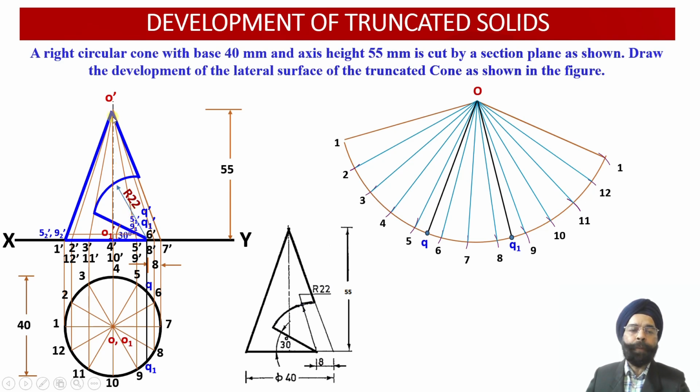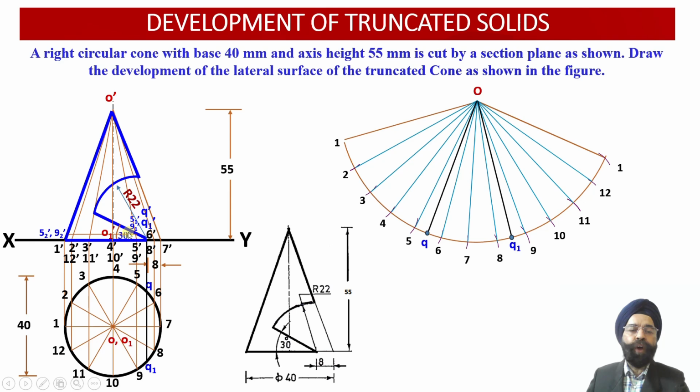So now if we obtain these two radii from O' to 5 1' and O' to 9 1', this distance will represent apparent length of the radii corresponding to the points 5 1' and 9 1'. But onto the development, we need to obtain the true length of all the distances over here. So now from the points 5 1' and 9 1', we have drawn a horizontal projector line onto the true length of the slant edge, that is O'1' over here.